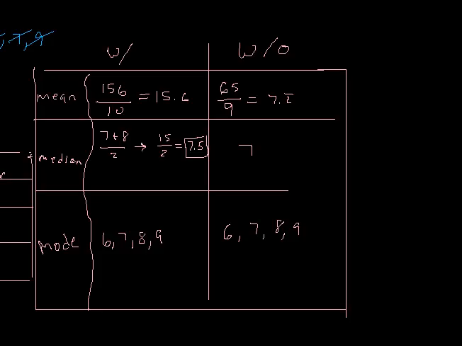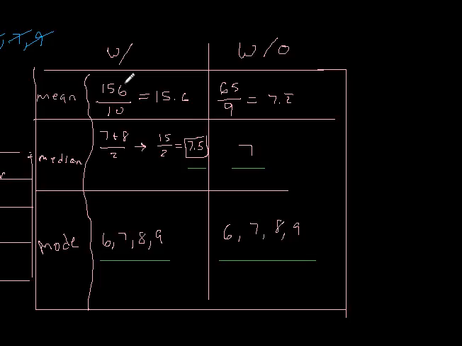So I have no change, so it's definitely not going to be the mode. The mode is not affected by the outlier in this case. And the same is true for the median because 7.5 and 7, those are pretty darn close still. So these aren't truly affected by the outlier.